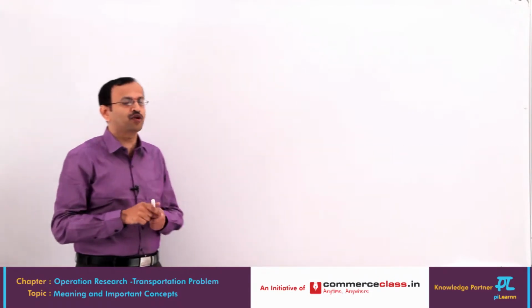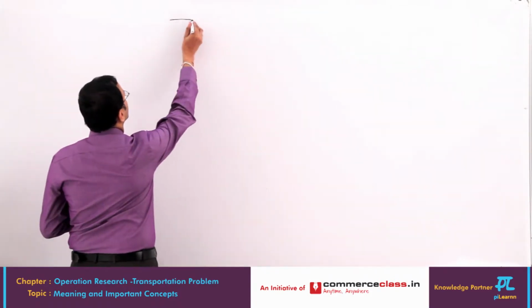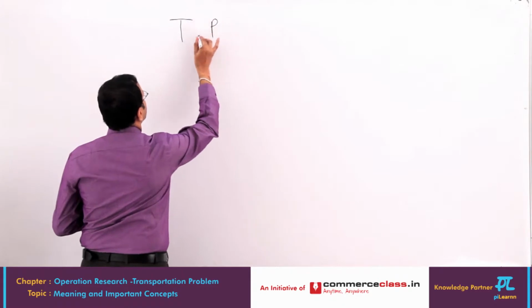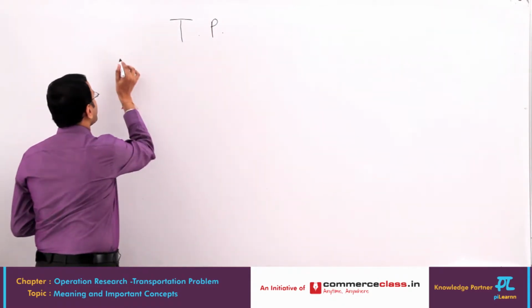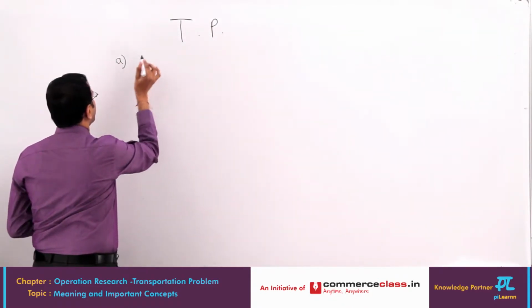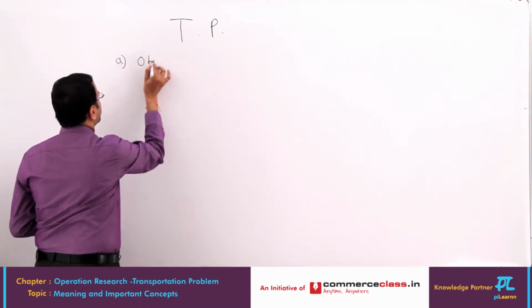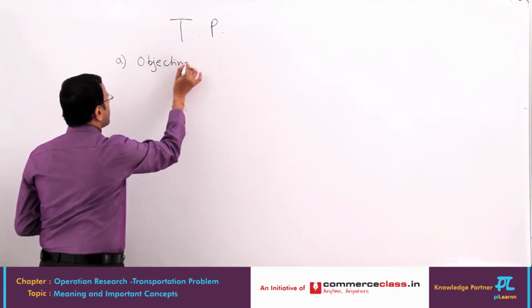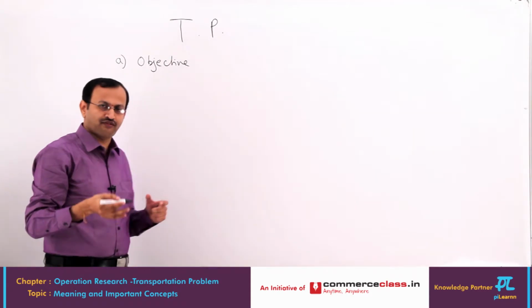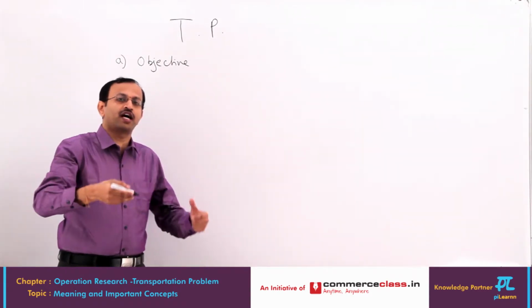Write in your notebook, transportation problem, we will call it a TP. First we need to know what is the objective of TP. At the end, after learning this chapter and working it out, what are you achieving?